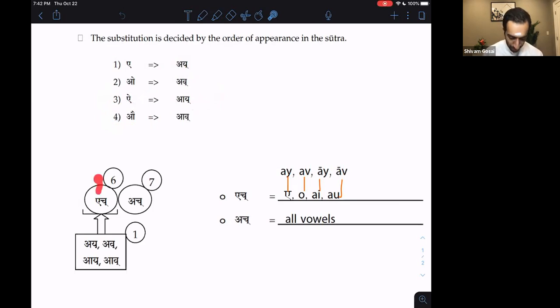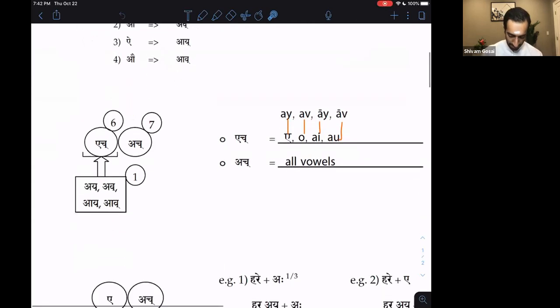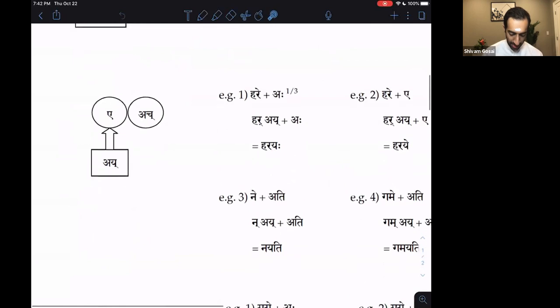Okay, so H has four things in it, and each of the four is matched up, just like I've written here, with one of the four. So let's look at the first one.